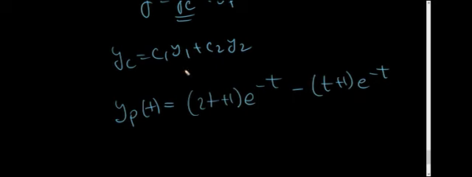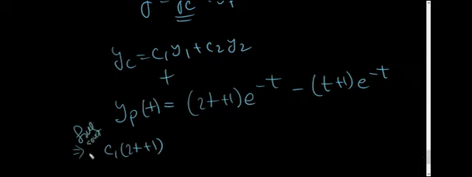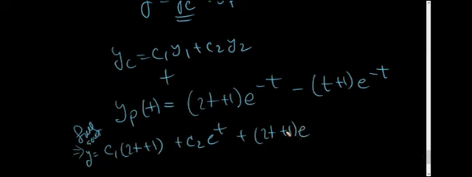And if you want to write down the full solution, you just add these two: y equals c1 (2t plus 1) plus c2 e to the power t plus (2t plus 1) e to the power minus t minus (t plus 1) e to the power minus t.